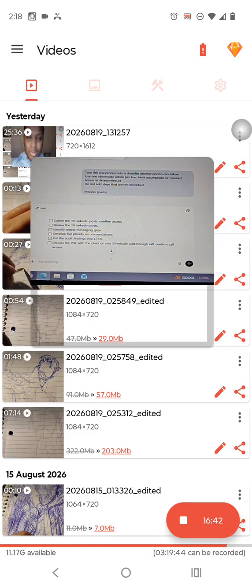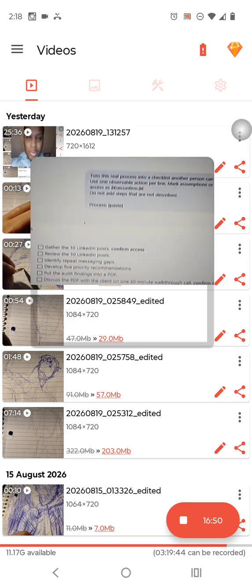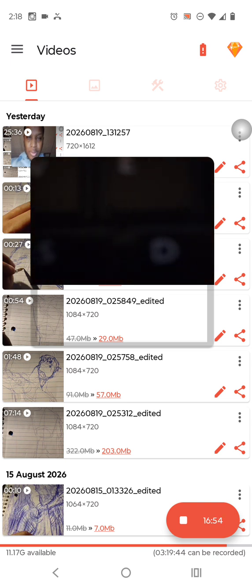Use one observable action per line, mark assumptions or required access, and do not add steps that are not described. That's literally what I just read. The information was filled in, and that's been consistent throughout the past few days.